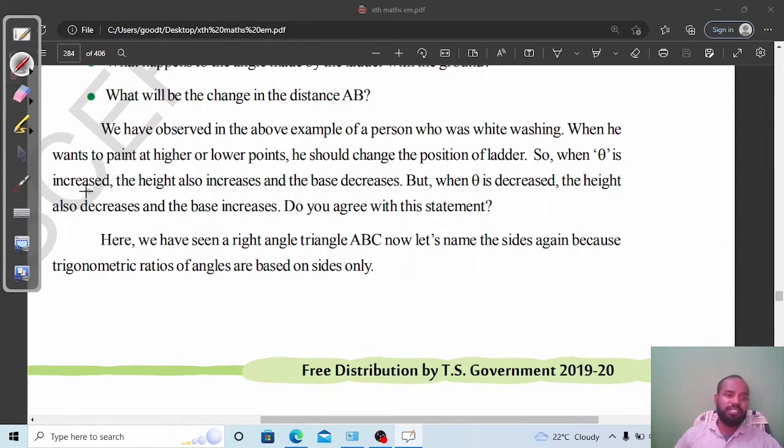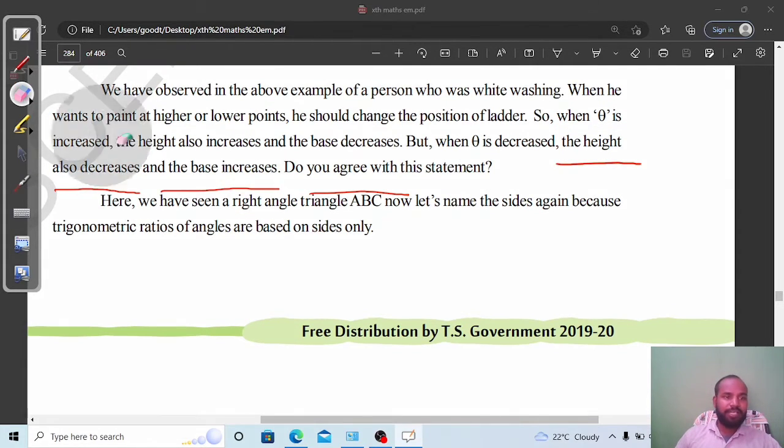What he is saying: when theta increases, theta is nothing but the angle, the height also increases. Yes or no? Height increases, but base decreases. So this is a thing we have to know from this point. Okay, next.